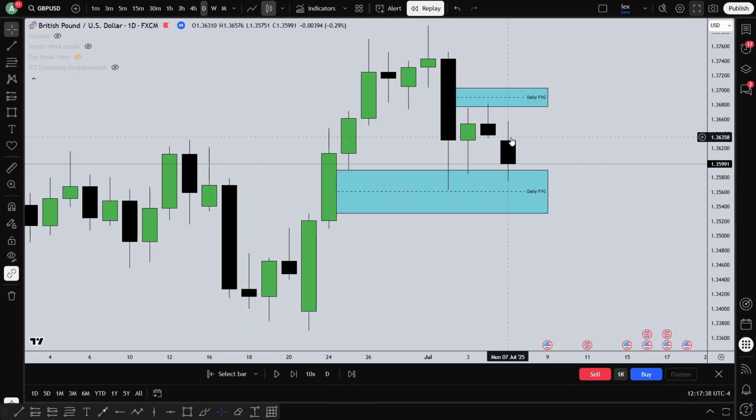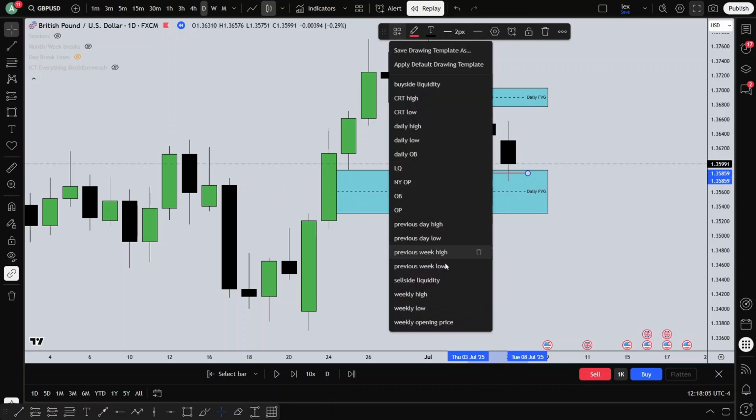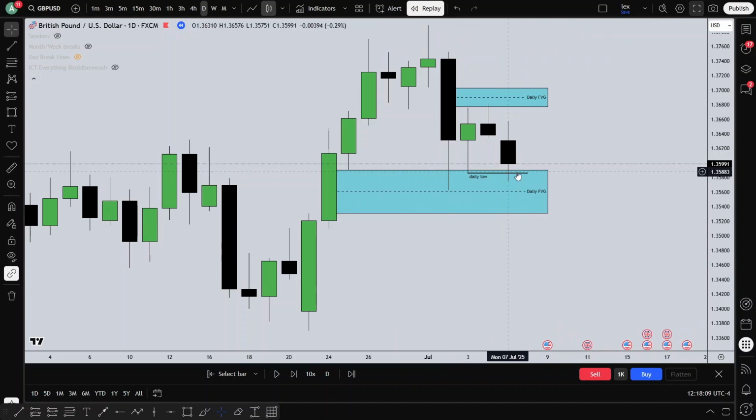I was anticipating this candle to be a down close candle going for this candle's swing low. And my target was to see price go for this candle's low, which is a daily low. I was looking for price to trade to this daily low as my target.